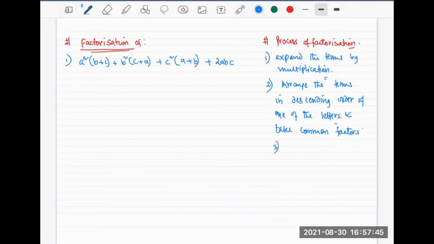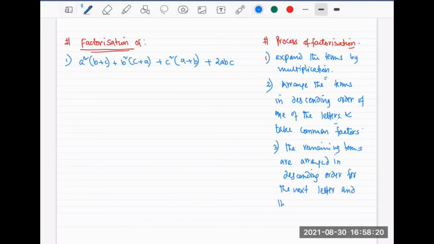In the third step, after you finish arranging the terms in descending order of one of the letters, you move on to the next letter. The remaining terms are arranged in descending order for the next letter, and the process is repeated until the factorization is done.